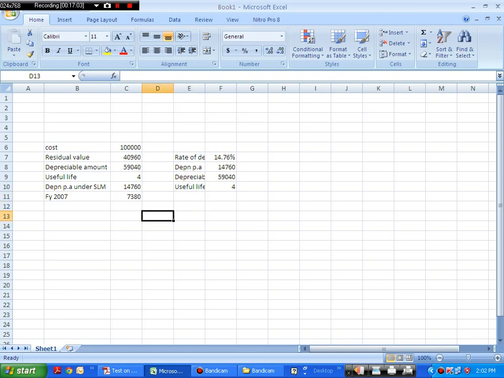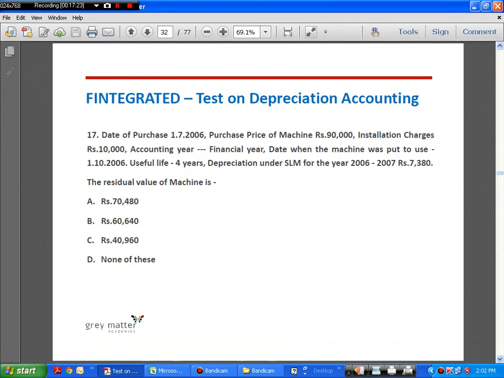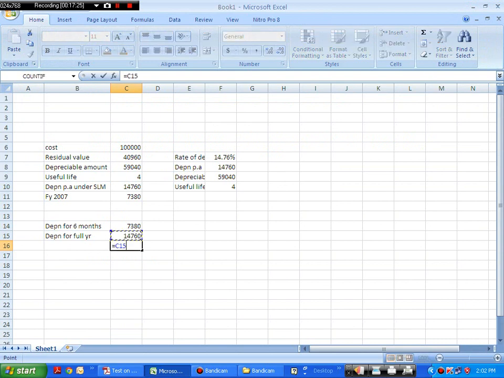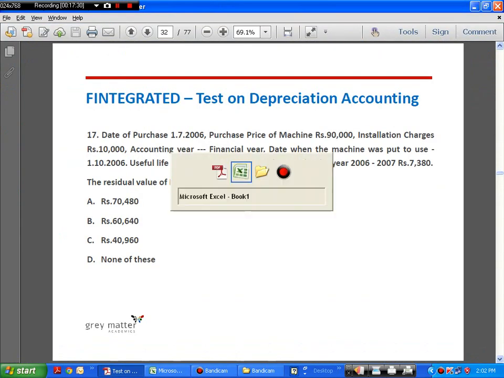Okay, so we know that depreciation for 6 months is given to us, which is 7380. Therefore, depreciation for full year will be double. Okay, and we know that the useful life is 4 years, which means the depreciable amount is going to be 59,040.